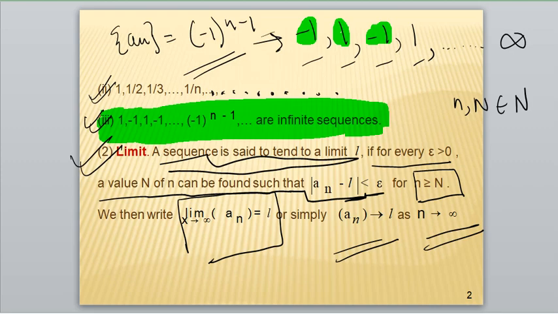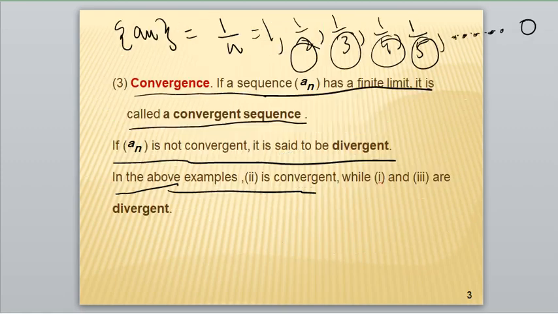They were telling about part 2, okay, and I was looking at part 3. So this is part 2, and definitely this is convergent. Just now I showed you, this is the example they are talking about. So the example is here itself. You don't have to see from there. Okay, so this sequence is convergent. But part 1 and part 3 are divergent.